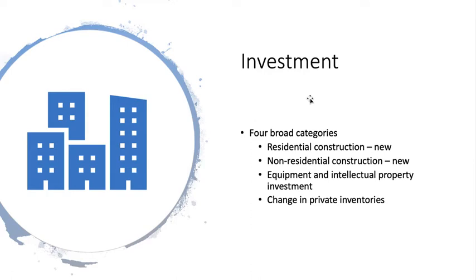The items known as intellectual property investment, this is relatively new. And this happens every once in a while as the GDP formula is revised and new things are added. The reason being that firms are spending significant sums on research and development, and they were creating assets that had some kind of useful life out into the future.